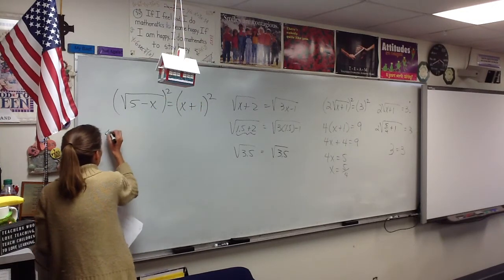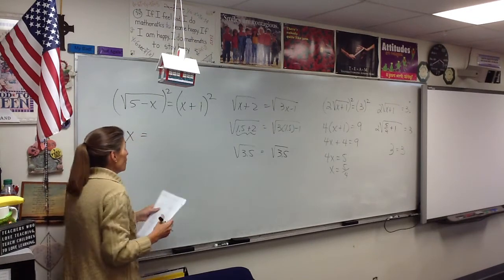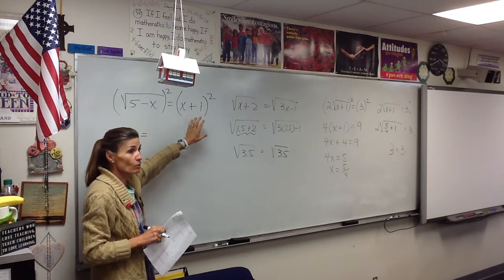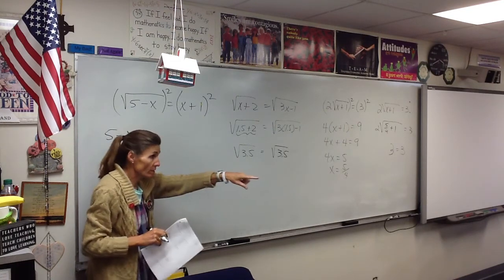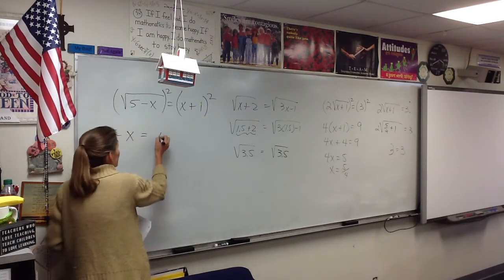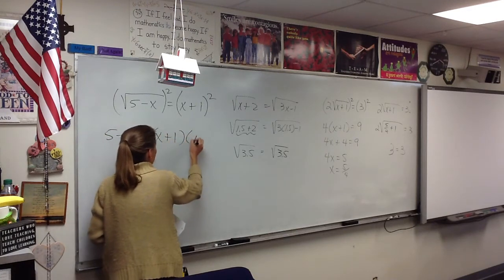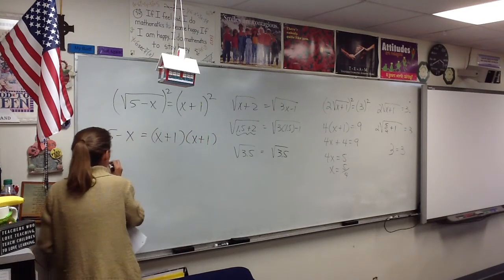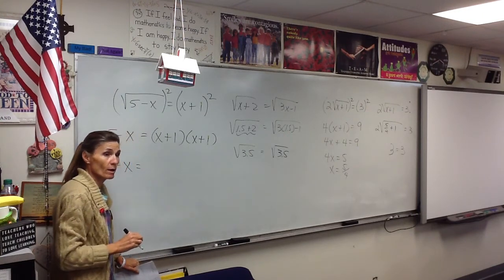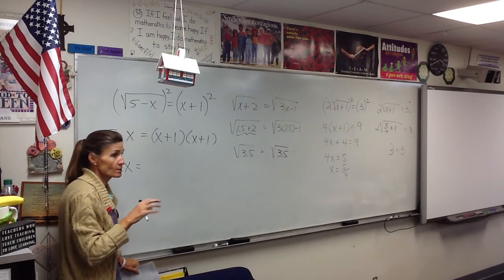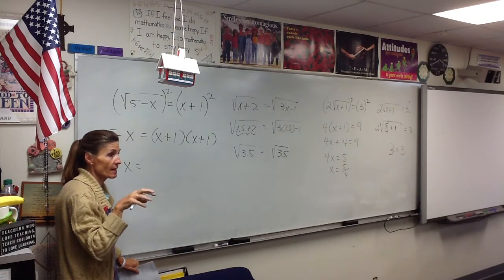This side is 5 minus x. But what's going to happen over here? What am I going to have to do? I'm going to have to FOIL. Very good. This is x plus 1 times x plus 1. Now, I can't remember if we FOILed yet this year or not. Do you remember how to FOIL? First, outside, inside, last, right?